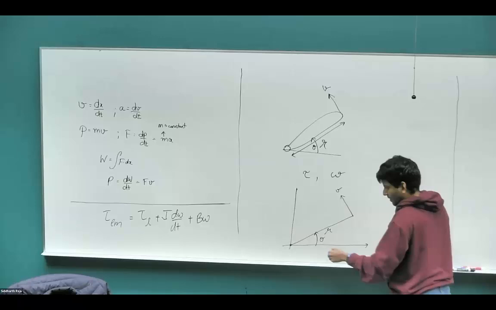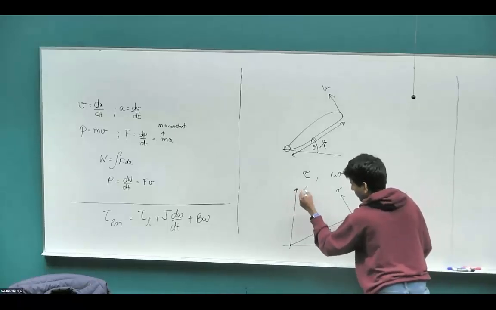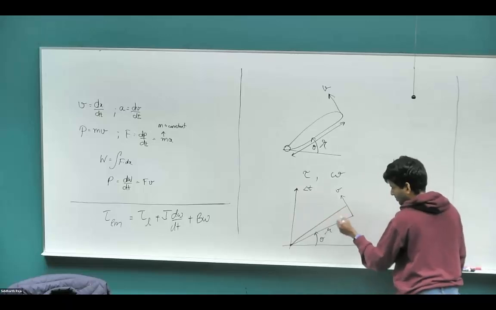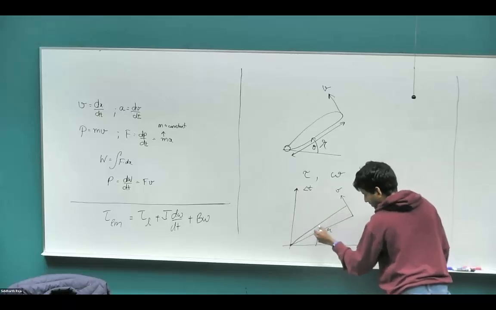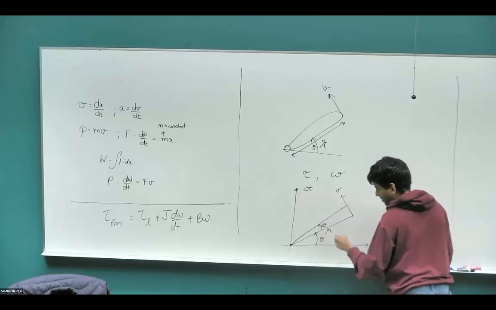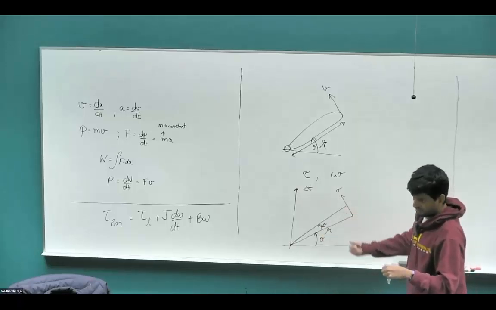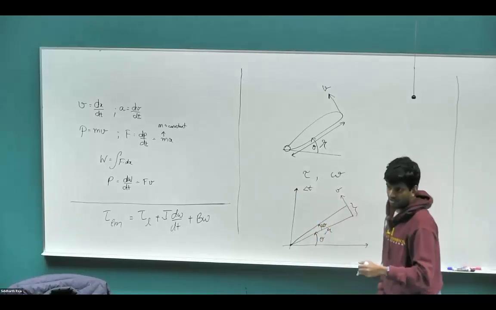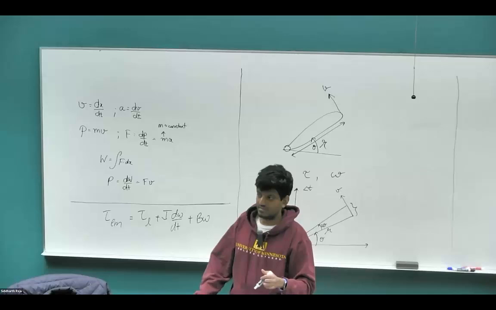Right, so I'm going to give it some time delta t, and the position of this rod changes by an angle delta theta. What is going to be the displacement of this rod in this direction? Delta theta times r.